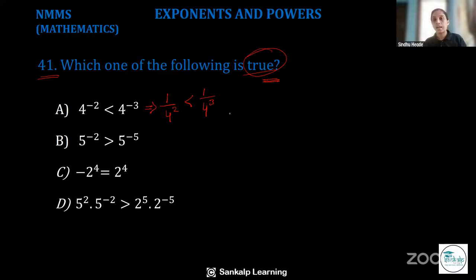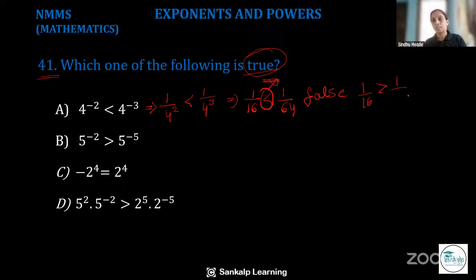First calculate the value. Later we will see if it is less than or greater than. So next, 1 by 4 square is 1 by 16, less than 1 by 4 cube is 1 by 64. This is wrong. False. Why? Because 1 by 16 is always greater than 1 by 64.